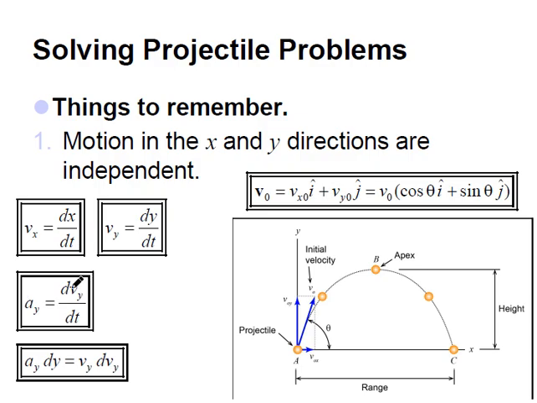Acceleration: you're going to differentiate velocity with respect to time, and you will get acceleration. You can find acceleration here, acceleration right there, and the combined acceleration. You can combine all of your equations together and write it this way as well.